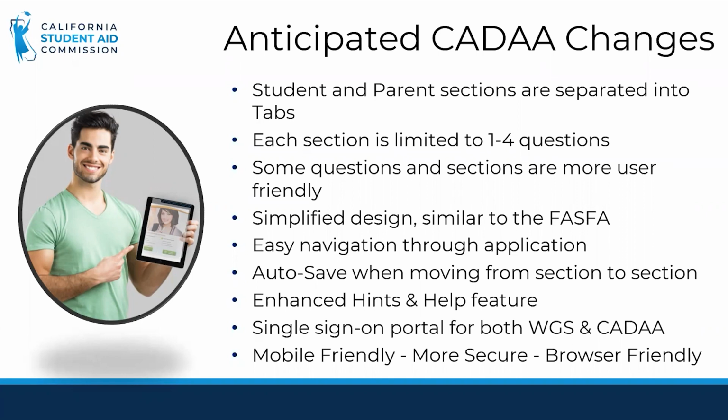The other thing that I think will be really helpful is that the password, the sign-on portal, will be exactly the same for Web Grants for Students and CADA. In other words, we're not going to have to reinvent the wheel and have the student make an entirely new application for Web Grants for Students with a new login and a new password and all that other stuff. It's going to use the same information.